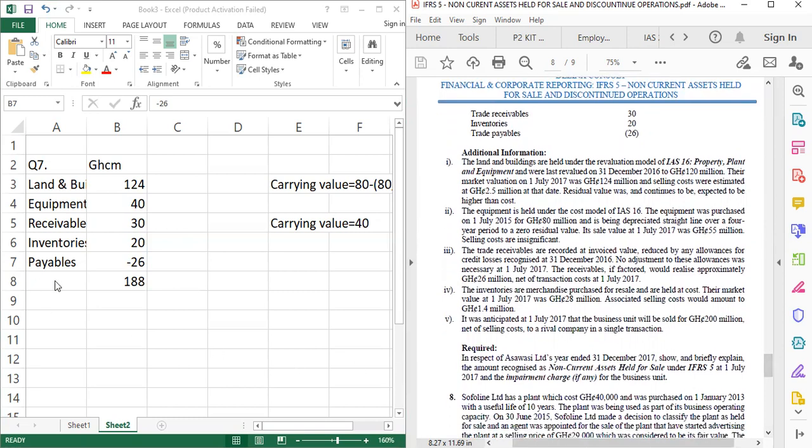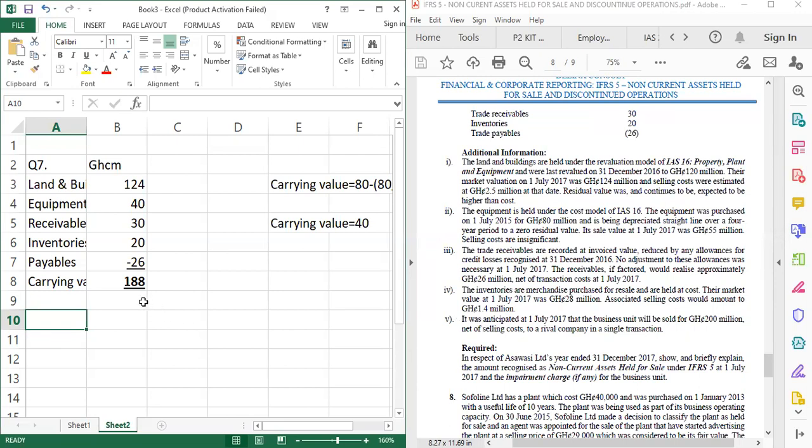All right. What is the current value of the assets? What is the current value of the cash generating units? The disposal group, rather. The current value is how much? 188.